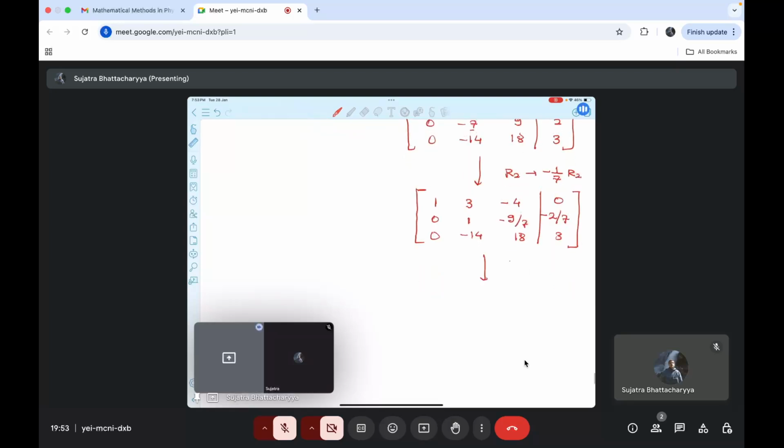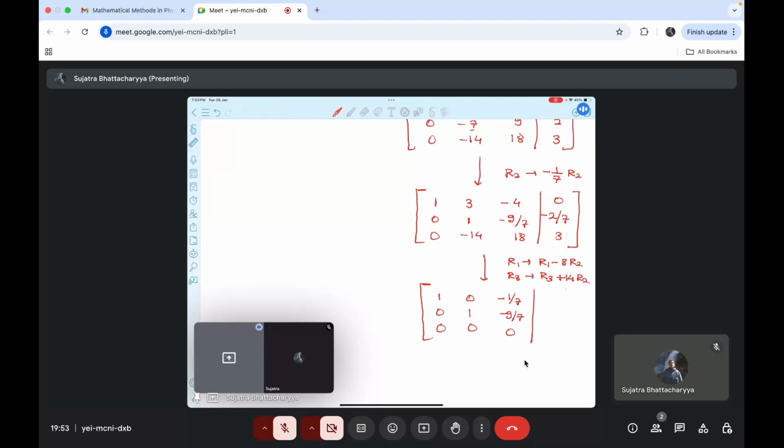Further, if you go, now same R1 becomes R1 minus R2, R3 becomes R3 plus 14 R2. And once you do that, the second column is prepared. Great. Now you have to do this. This is already we have seen minus 1 by 7, minus 9 by 7 as it is, and this is 0.